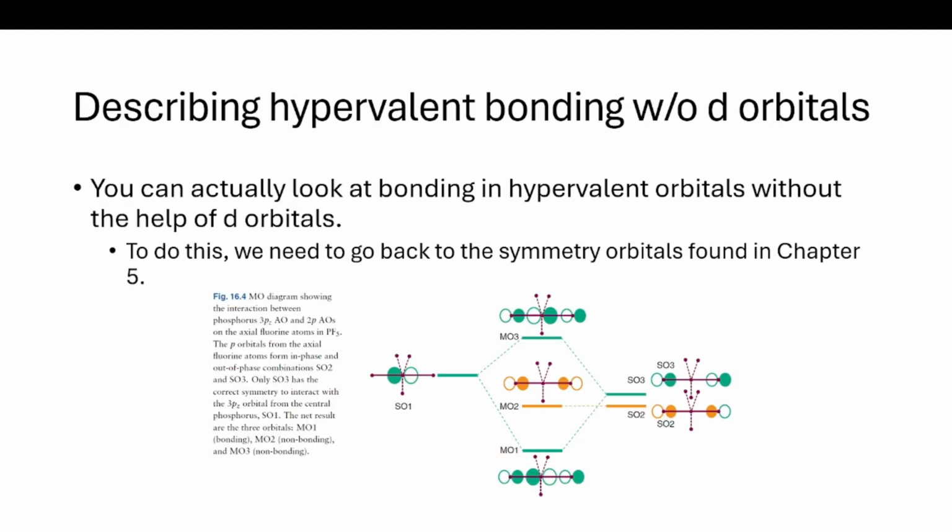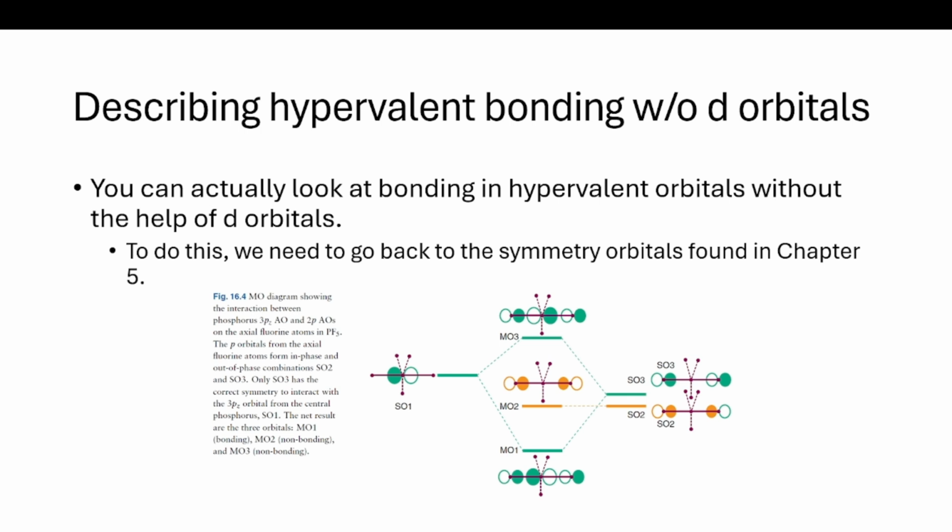Now, I have talked all this time about how to describe bonding in hypervalent compounds using d orbitals. However, what if we don't use d orbitals? In fact, what we can use instead are symmetry orbitals, which we discussed initially in chapter 5. So take for example this compound, phosphorus pentachloride.